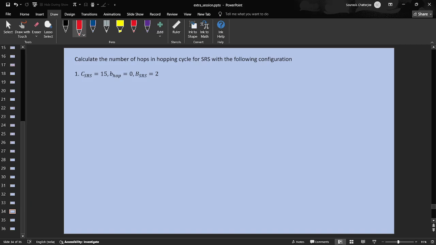What about the number of hops here, the hopping cycle? The information might be missing here, so let me give it. For CSRS 15, N1 is 2, N2 is 7. So number of hops, how do we calculate?